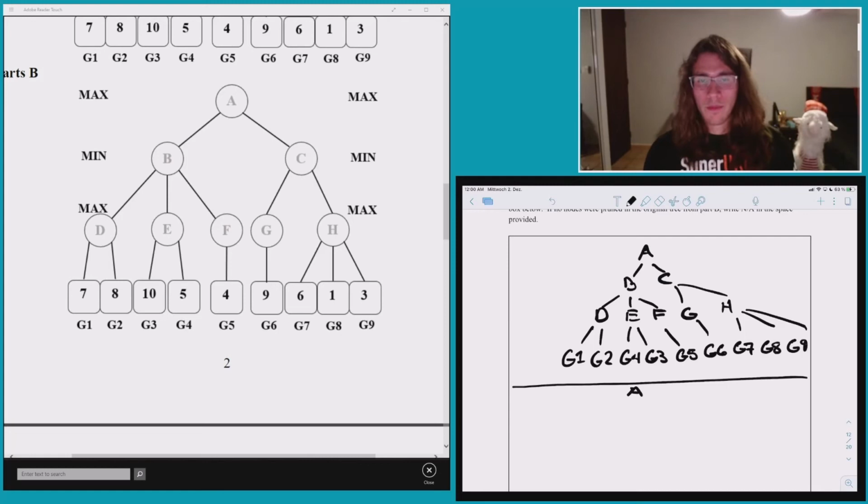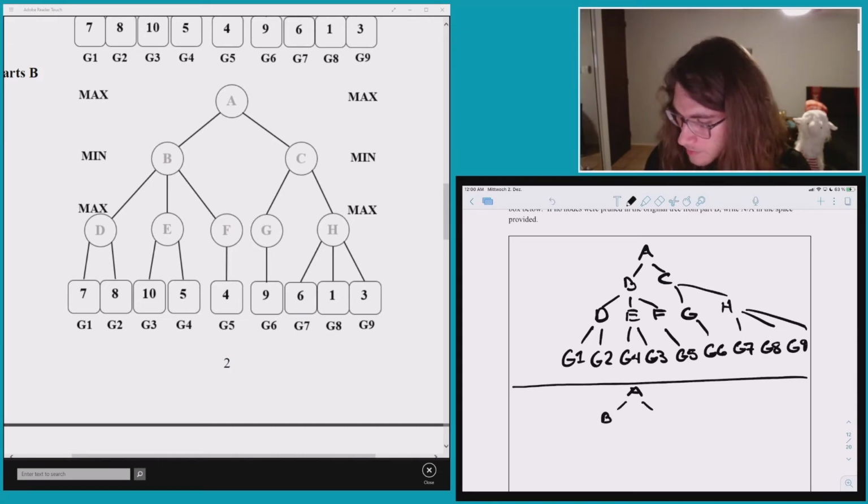So the worst case scenario ordering of this question, or of the leaf nodes, would have been the following.